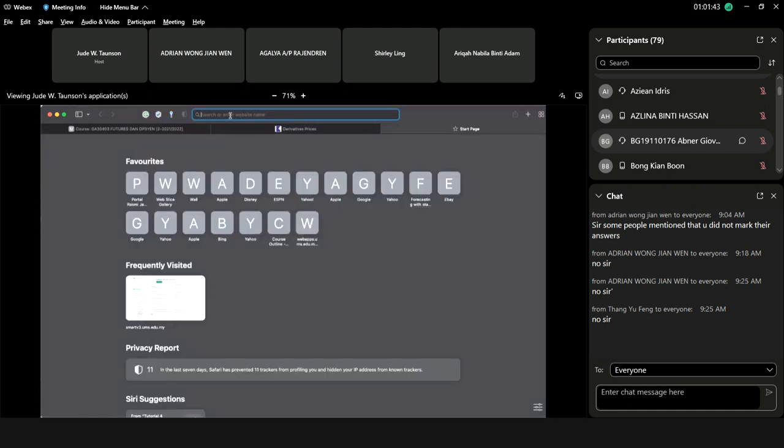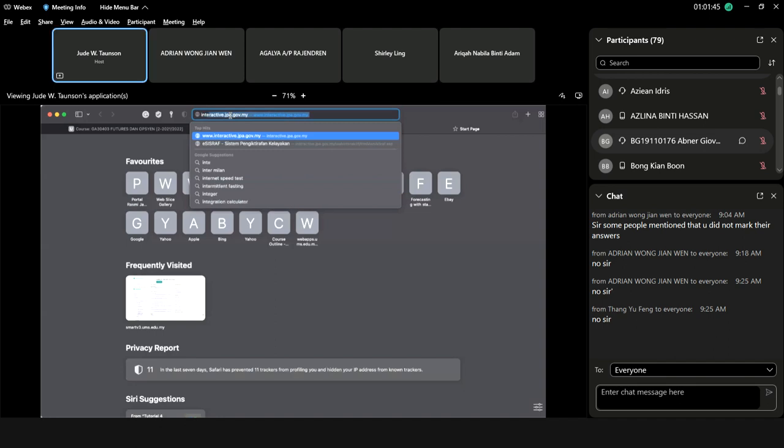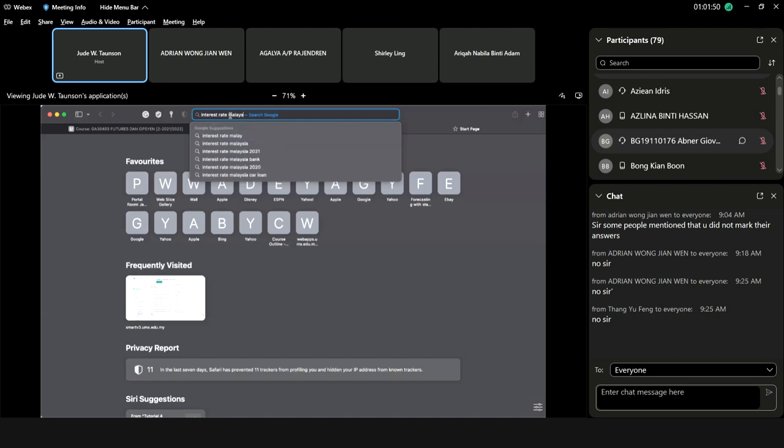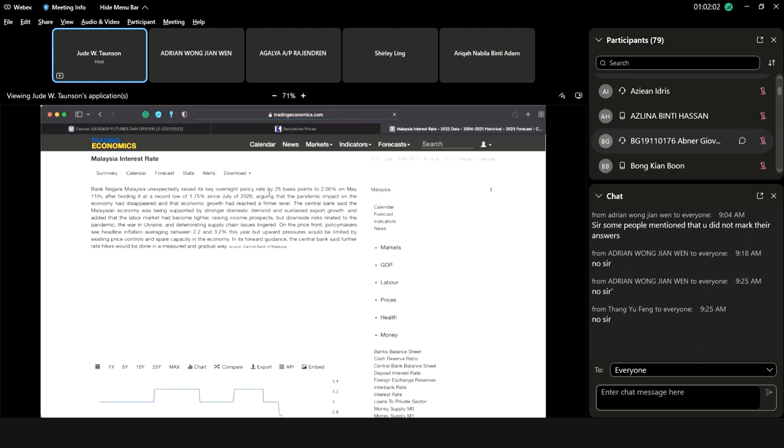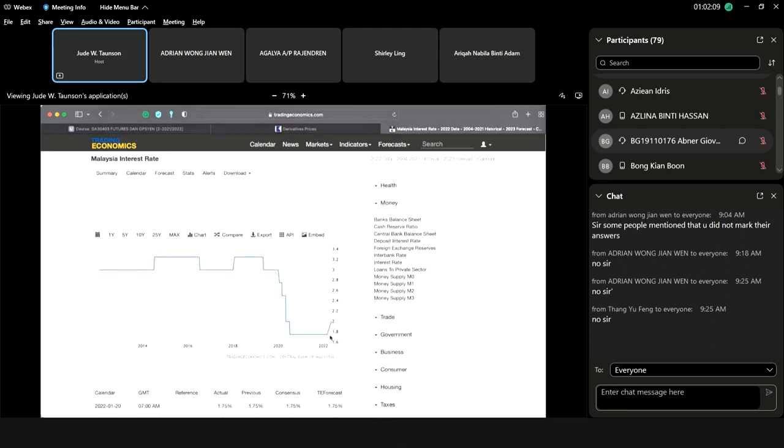Malaysia. Recently the interest rate went up, right? OPR has been increased. Okay, so let's look here. Forecast. Bank Negara unexpectedly raised 25 basis points. So we take this one. Okay, on average 2%. Okay, we use 2%. I will put the figure at 2%.